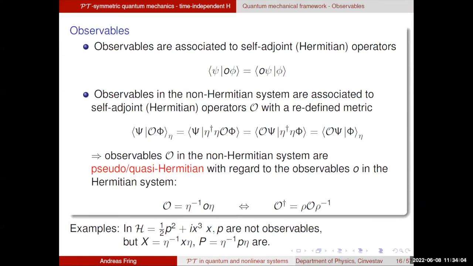If small o was the observable in the Hermitian system, then capital X is the corresponding coordinate in the non-Hermitian system. So that's the interpretation. It's direct, it's not something new. Yeah, that was what you're aiming at. Okay, yeah, it's direct.